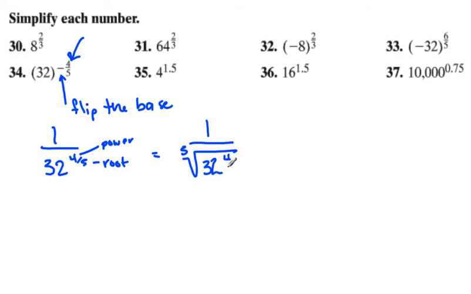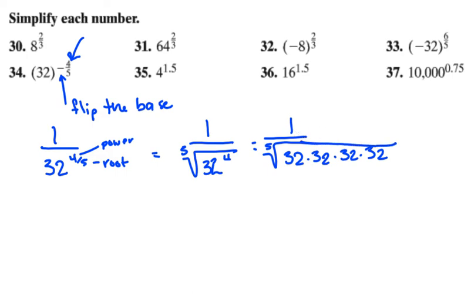Okay, so we're going to need to expand this out in order for that to be simplified. So we have 32 times 32 times 32 times 32. Alrighty. 32 is the same as, let's do 8 times 4.